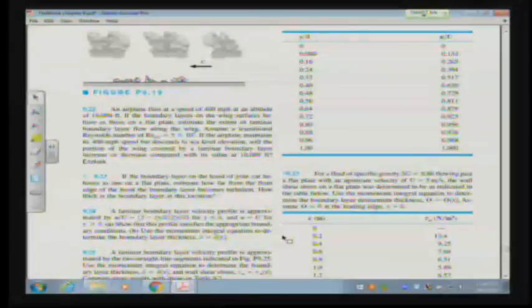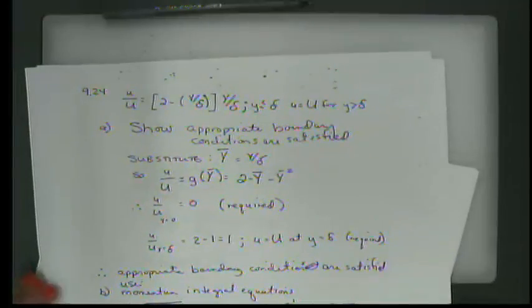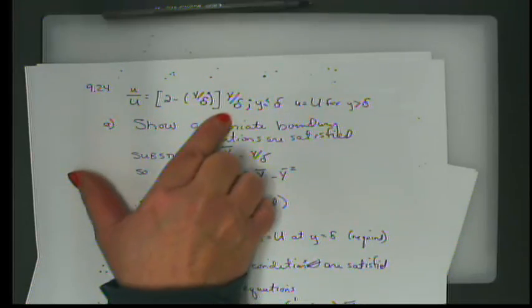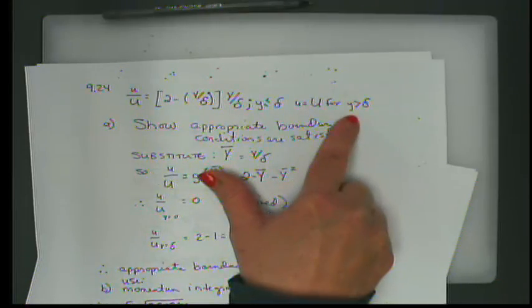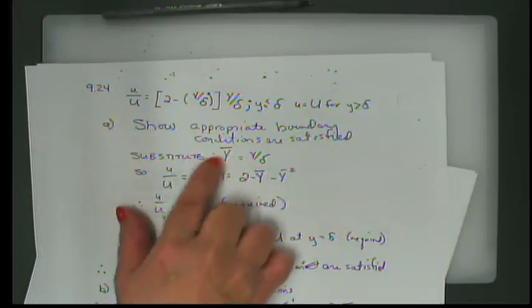All right, so if we take a look at how this problem works out, problem 9.24 looks like this. We start with the equation that we are given for u over U, knowing that that's for y less than or equal to del, and that for y greater than del, we're just going to have a constant velocity. So we really have two things that we're showing.